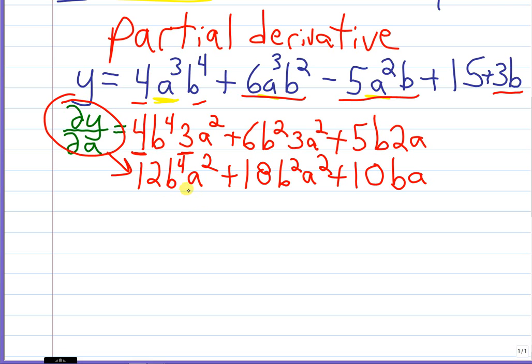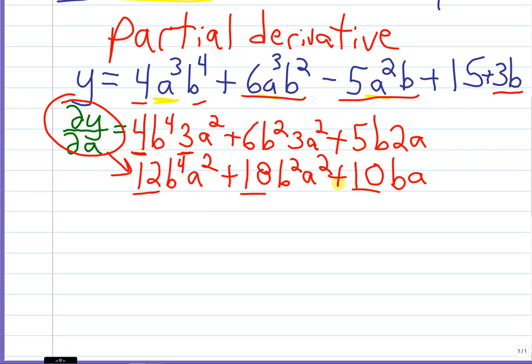For example, we could plug in the values a equals 1 and b equals 1 into this function, and we'll just get 12 times 1 to the 4th, 1 squared, 1, etc. And what we'll get is just 12 plus 18 plus 10, and the value there would be 40.